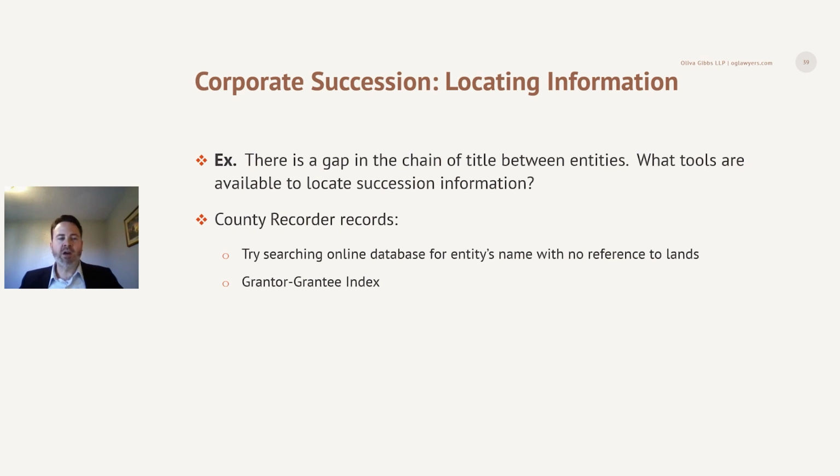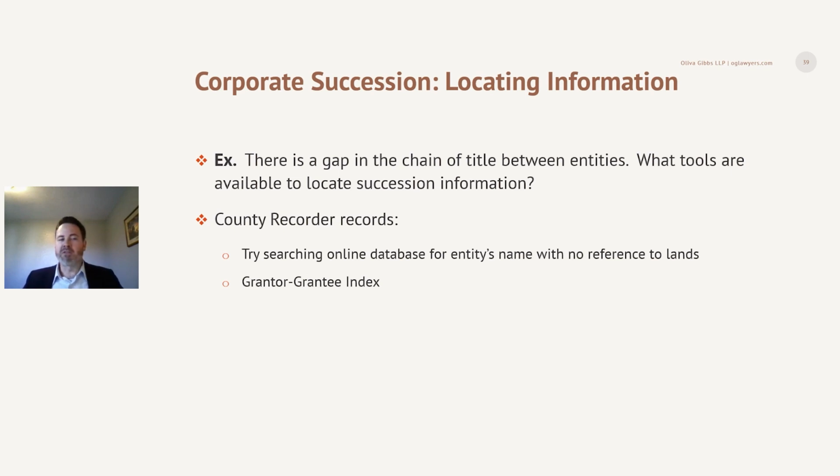Thus, if we take our last owner of record, enter their name into that searchable database, and we don't provide any legal description, we're casting a pretty large net and we may find succession information from that entity, whether it's a conveyance by a successor that establishes that succession.